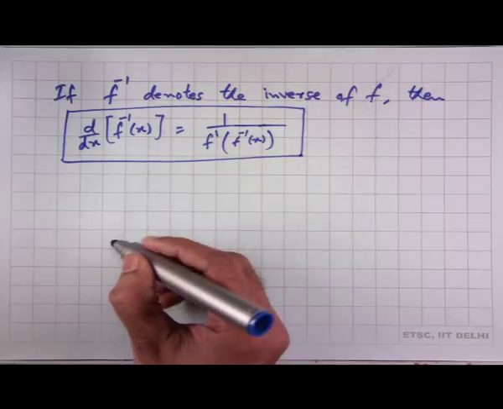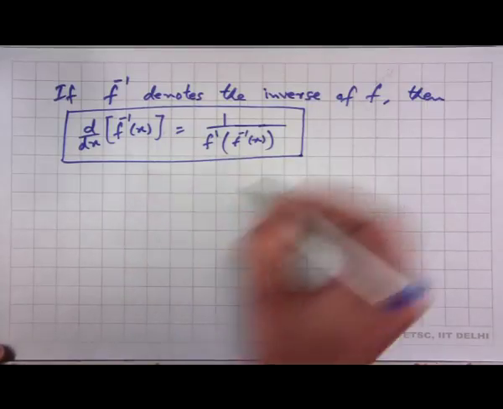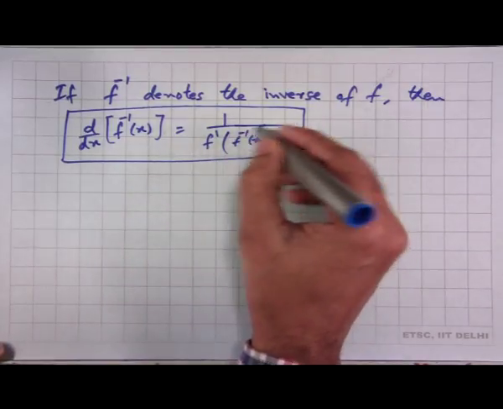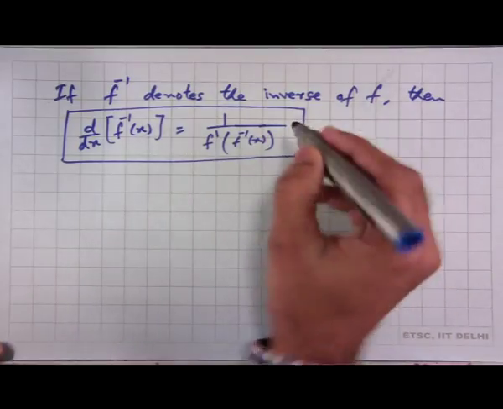So, what we need is that f prime at f inverse x should be non-zero.